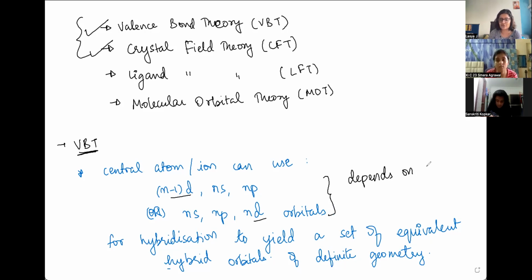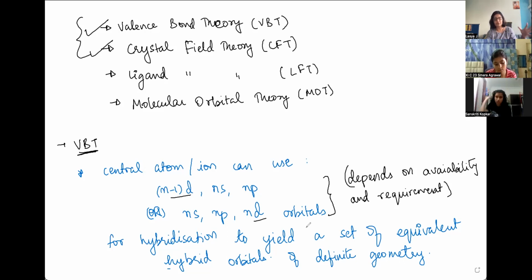So it depends on availability and requirement, on how many orbitals you need for hybridization. We'll look at some examples, and it will start making more sense. We'll look at different cases, when it is n-1d and when it is nd, so that the difference gets clearer.